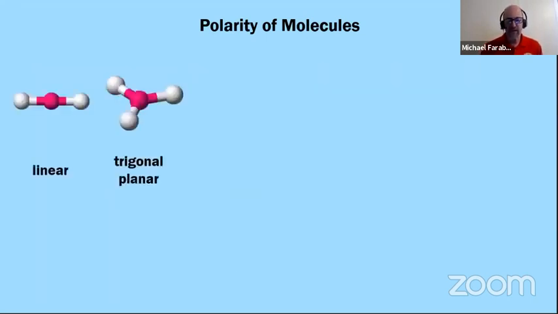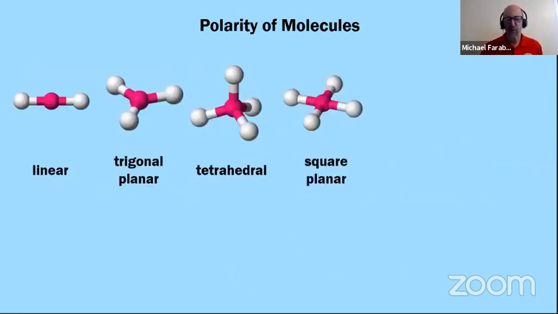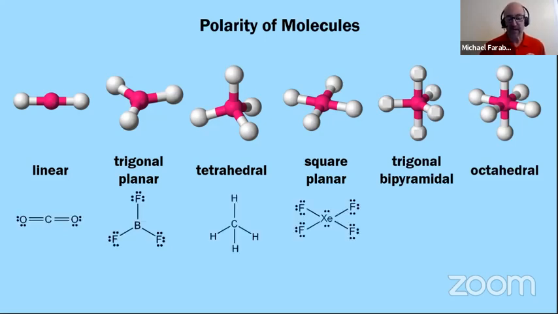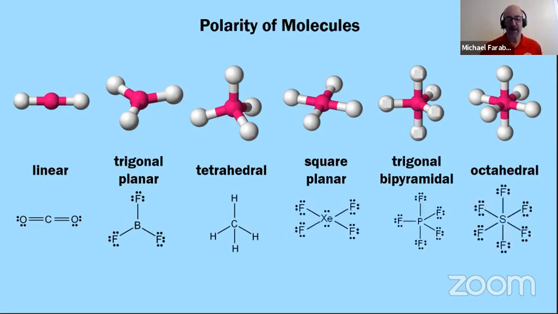besides linear, we have trigonal planar, tetrahedral, square planar, trigonal bipyramidal, and octahedral. I'm going to give you examples of each of these shapes. So there's carbon dioxide. Here's some boron trifluoride, methane, CH4, xenon tetrafluoride, phosphorus pentafluoride, and sulfur hexafluoride.